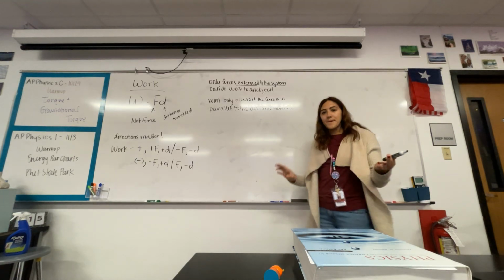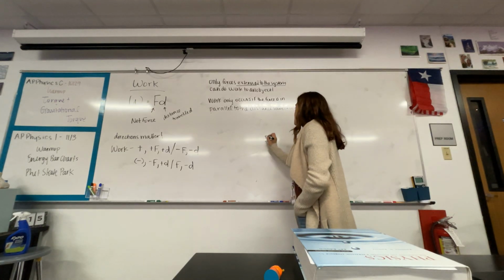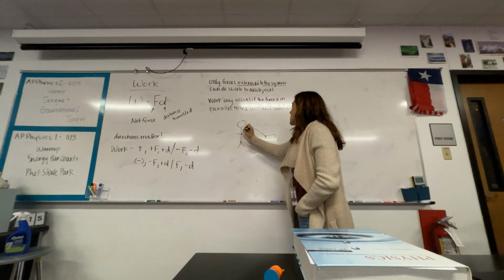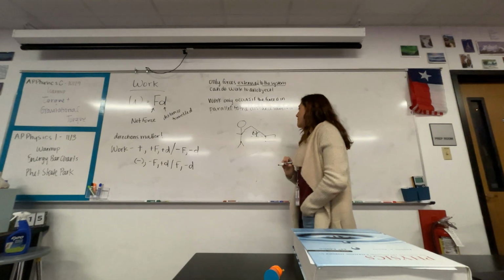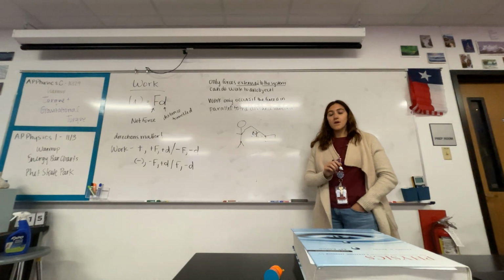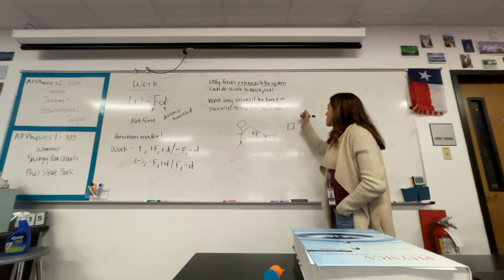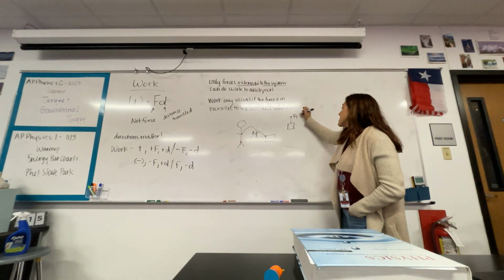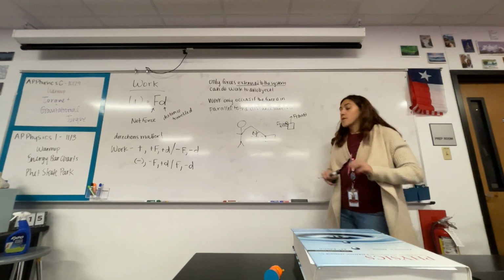Okay, so what happens if I apply an angled force? What if I have a box and a string, and like we did in Unit 2, I pull the box at an angle above the horizontal? Well, when I draw the free body diagram for this force of pull, or this force of tension, there would be a component F_T sine theta going up, and a component F_T cosine theta going to the left.